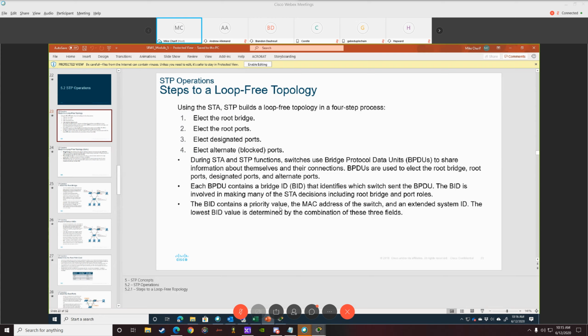The root bridge. So, in your opinion, if I bought a switch 5 years ago, and I bought a switch 2 years ago, and I have a new switch from 2 months ago, which switch is going to have the lowest MAC address?